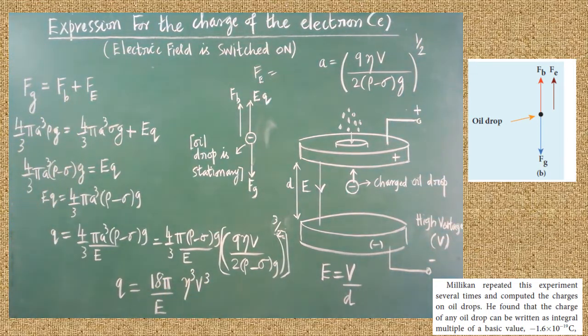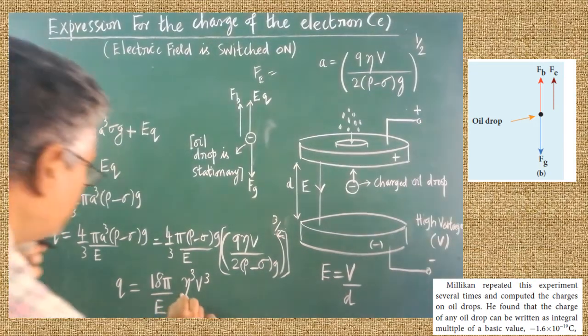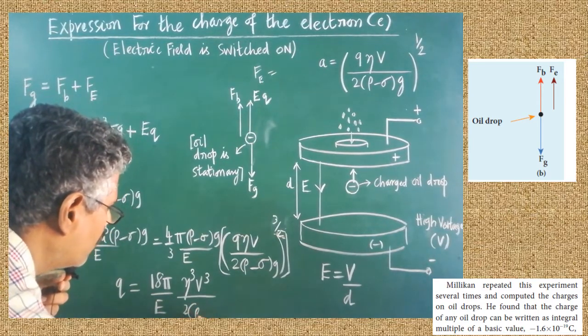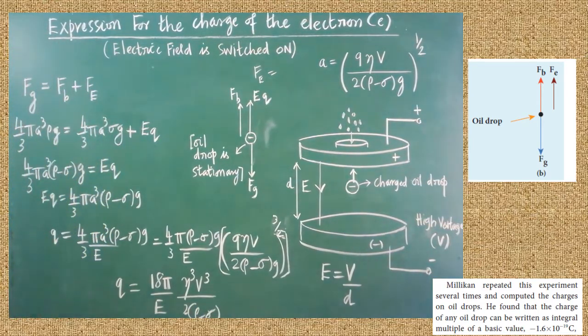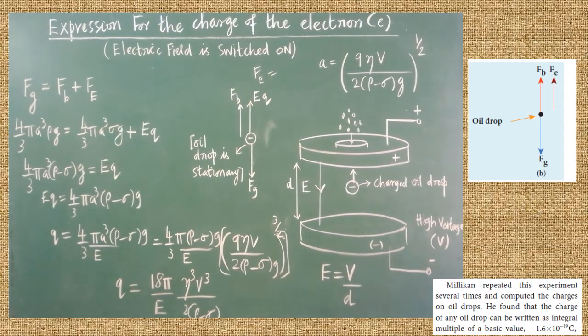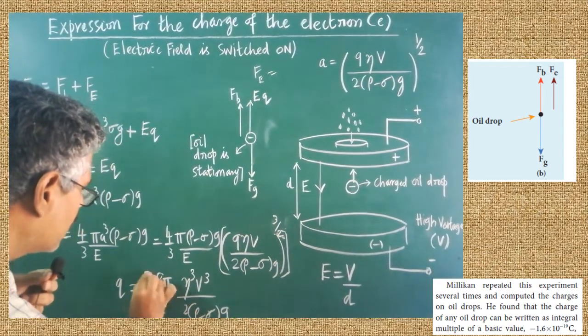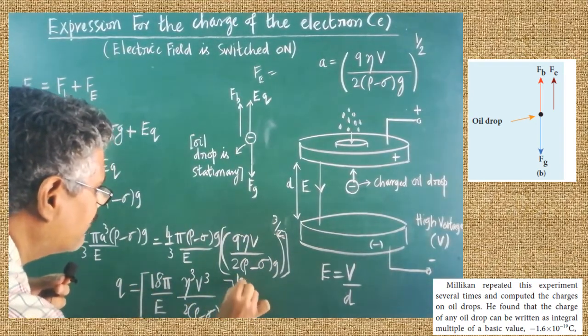What is v here? v is nothing but the terminal velocity, divided by 2 (rho minus sigma). That should be written. And then g is there, power of half.